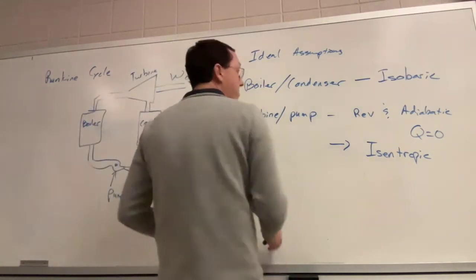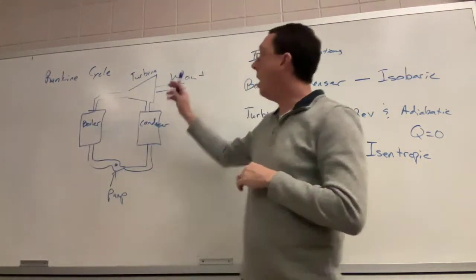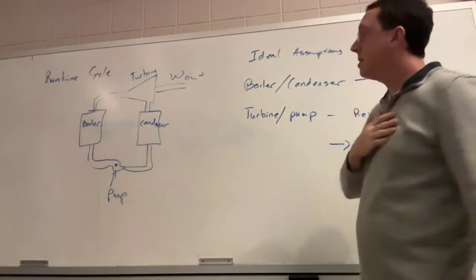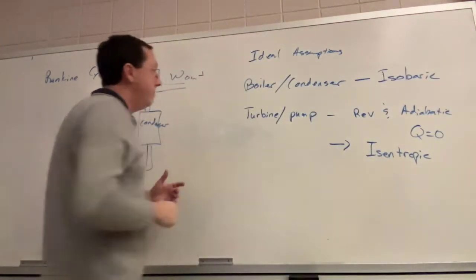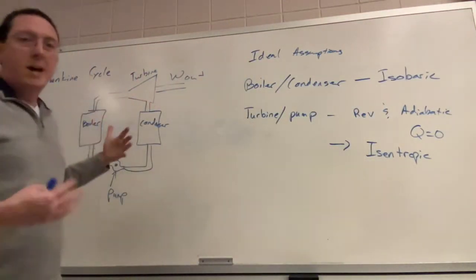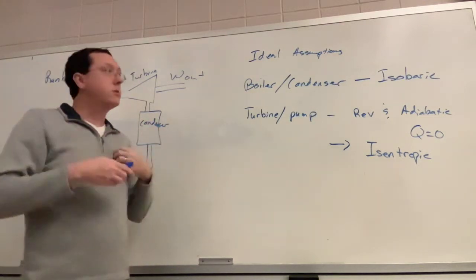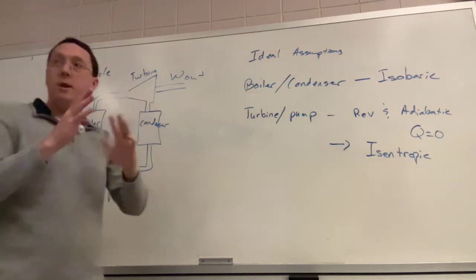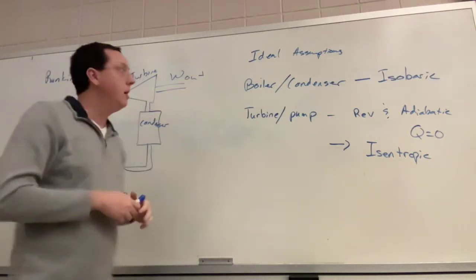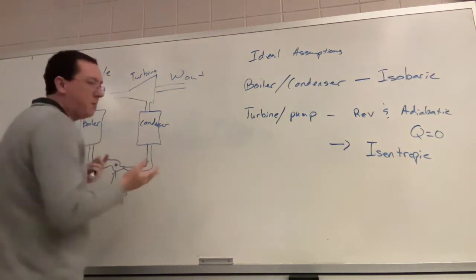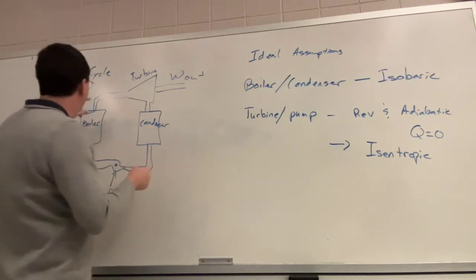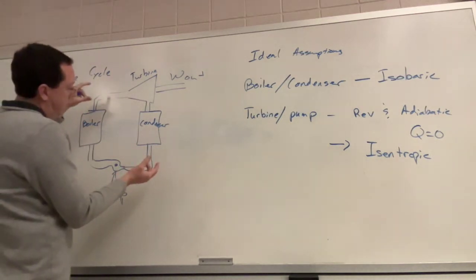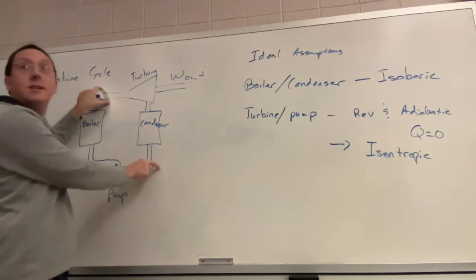Okay, all right, so those are our assumptions for an ideal Rankine cycle with these components. To work everything out mathematically, first of all, you need to know two properties for each state. You have to be told what's going on at two of the states.